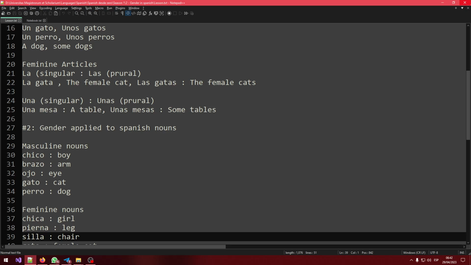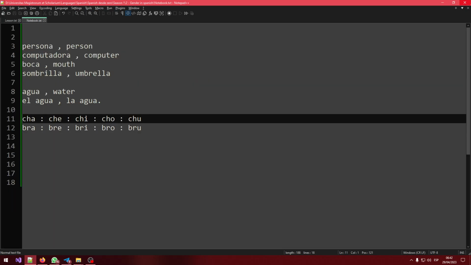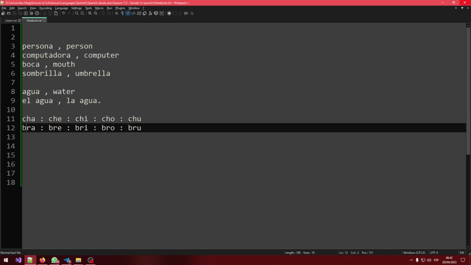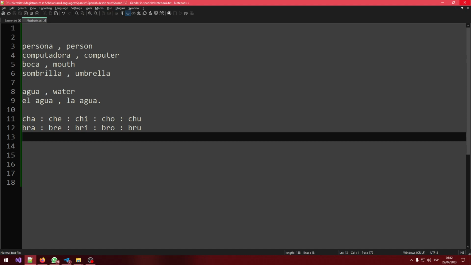Now let's take a look at this ja. In Spanish we do have a ja sound. So we have ja, J, G, jo, and ju.